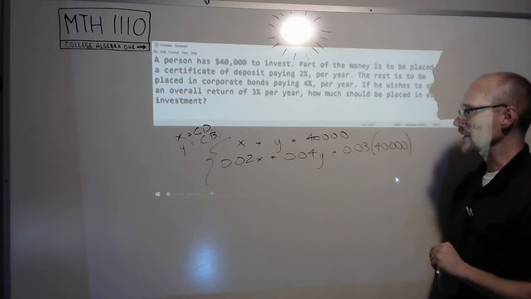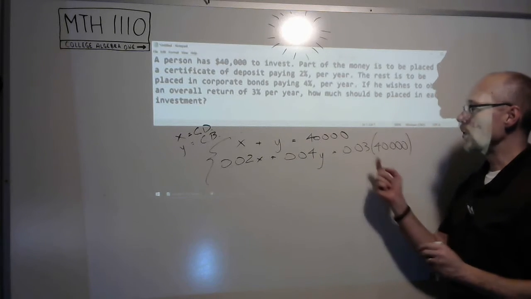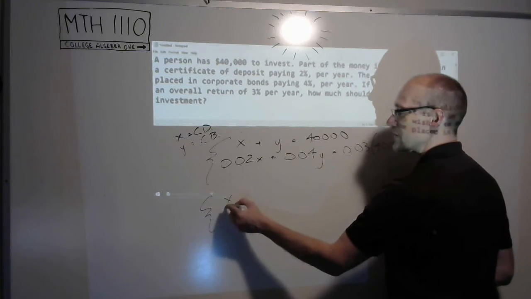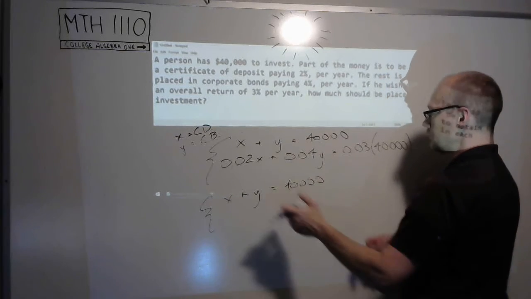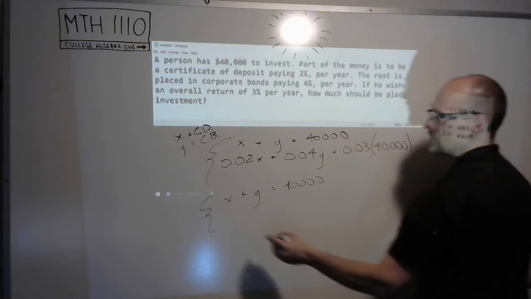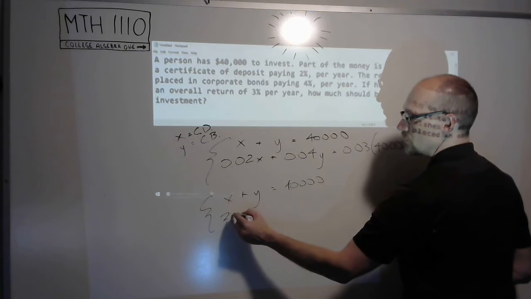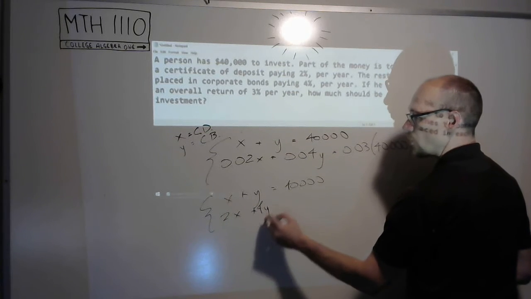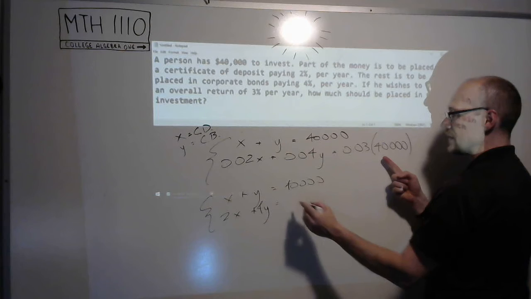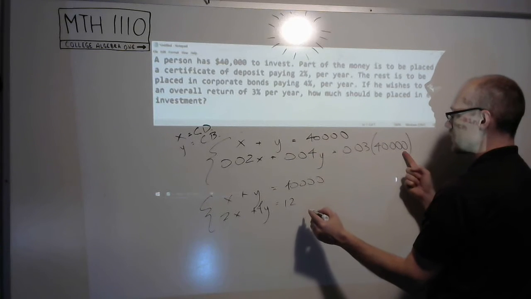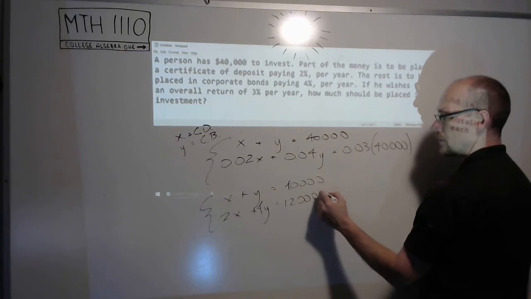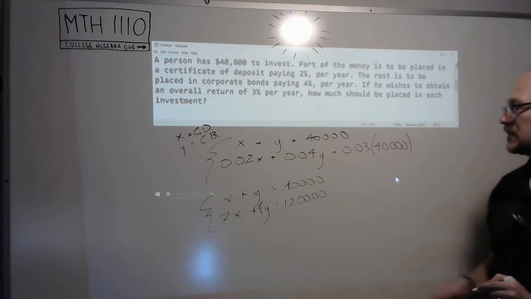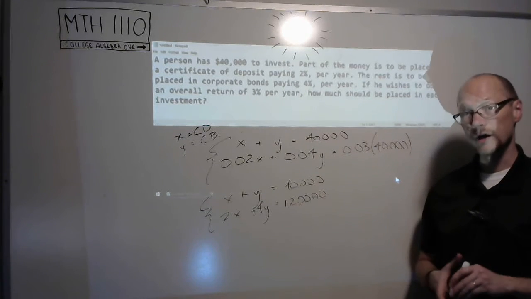You can type this directly into decimals if you want, or rewrite this, x plus y equals 40,000. Multiply everything times 100, you get 2x plus 4y equals 3 times 4 is 12 plus 4 zeros. And that becomes your new system of equations.